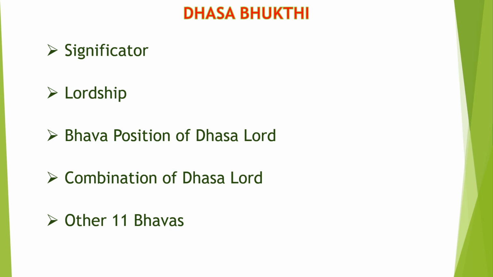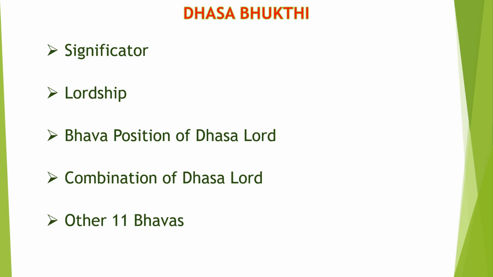So in the last example we used Sun. Here we can consider that Jupiter is the Dasa Lord and it has the combination of Venus.